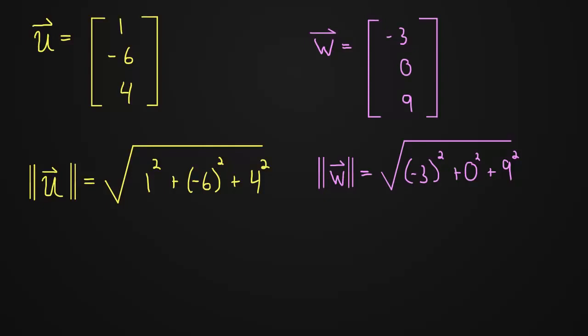If you're wondering what happens if you have more than 3 components, let me show you that quickly. I might make a separate video about this, but let's say we had v equal to v1, v2, v3, and v4. So now we have 4 components.